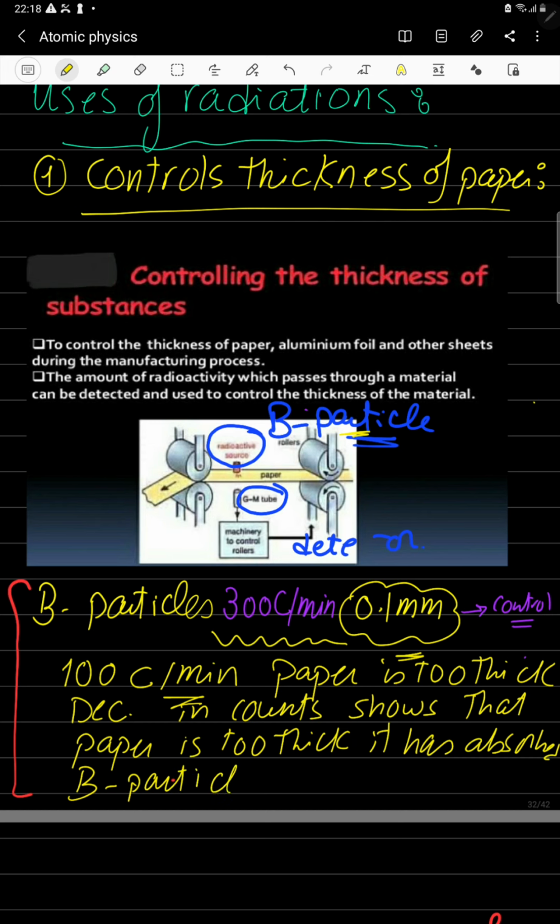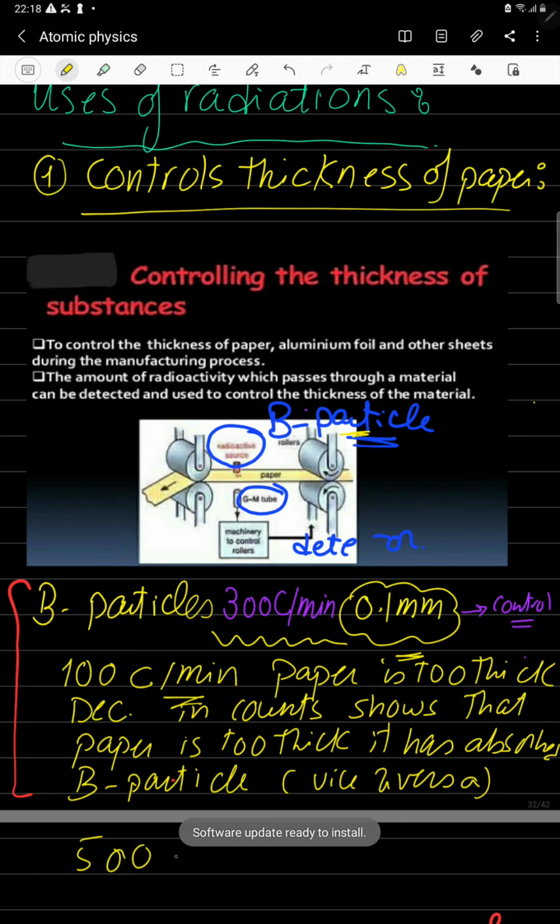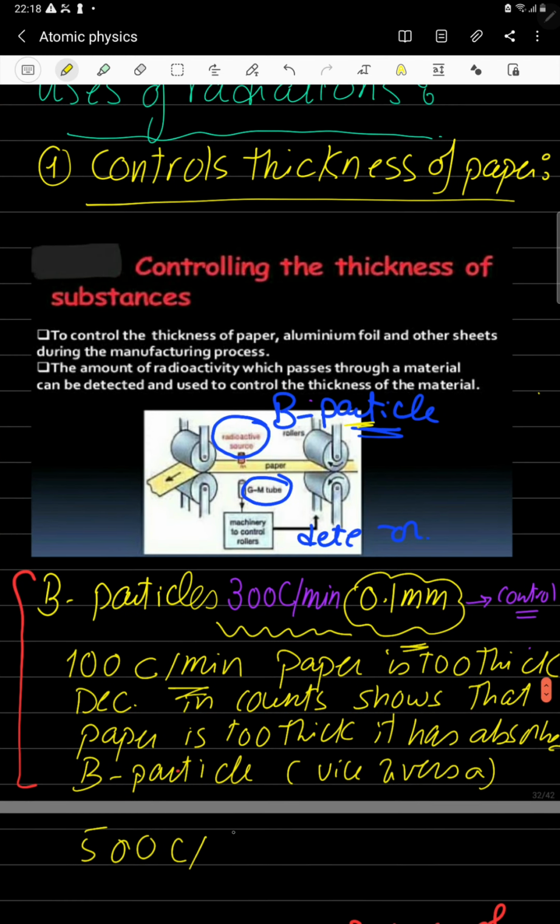And vice versa. What does vice versa mean? It means if I am going to find that the counts have reached 500 counts per minute, too many beta particles have passed from the other side of the paper to reach the Geiger-Müller tube.